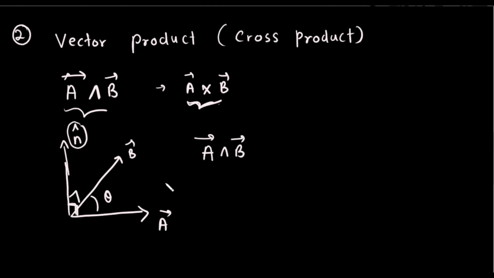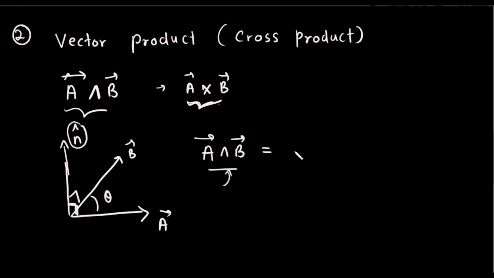So these are my two vectors, a and b. When you find the cross product, you have to find a cross b. This is the cross product.